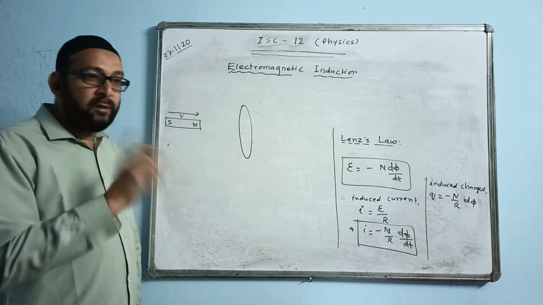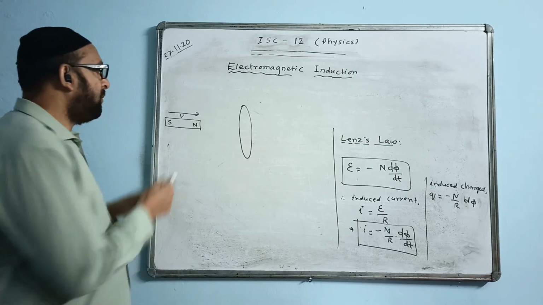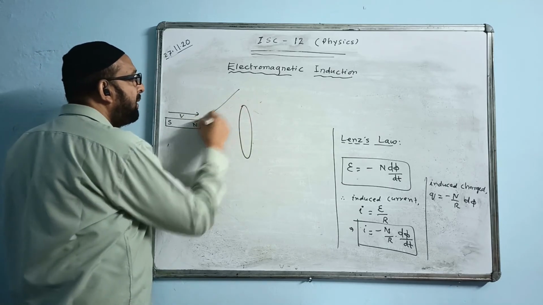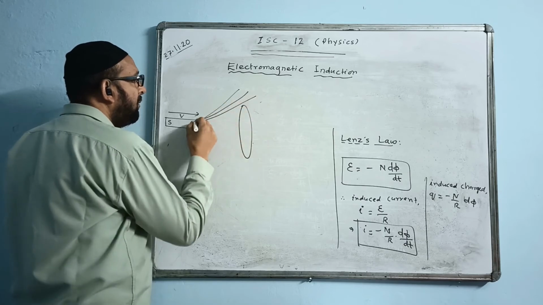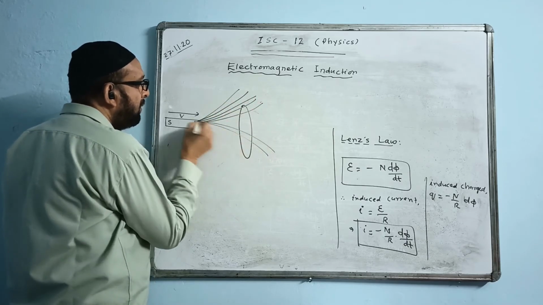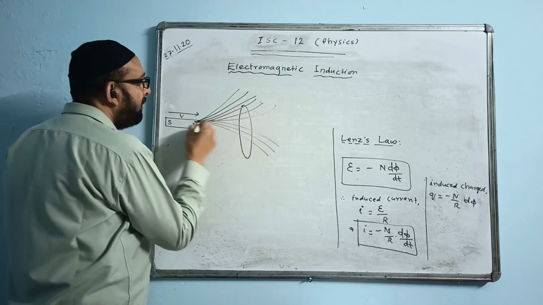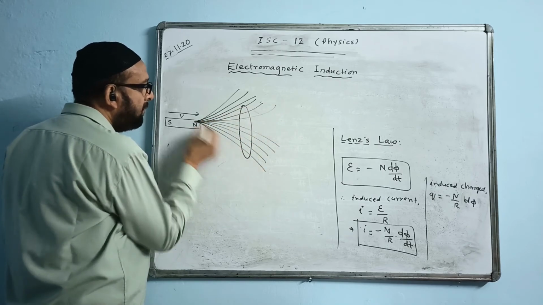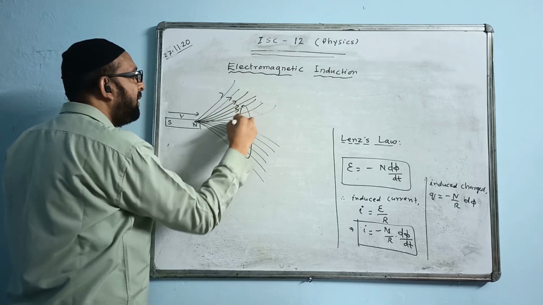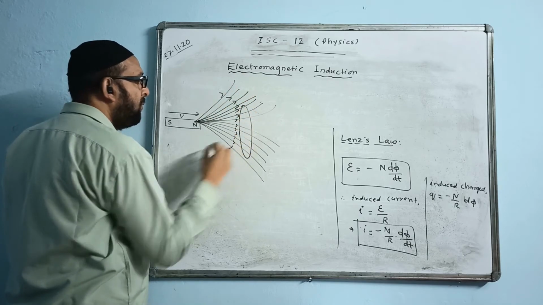Why? Due to the motion, the current is induced, because magnetic lines of force originate from the north pole. There are so many, infinite number of magnetic lines of force originating like this, directing away.